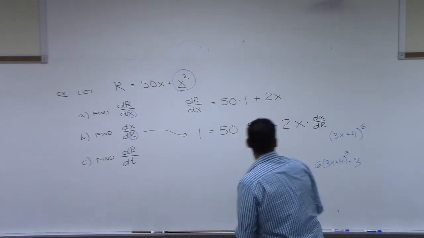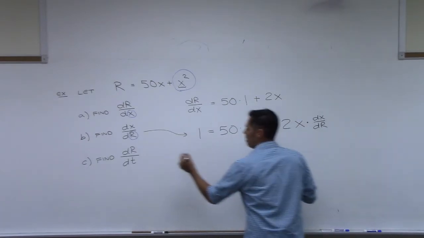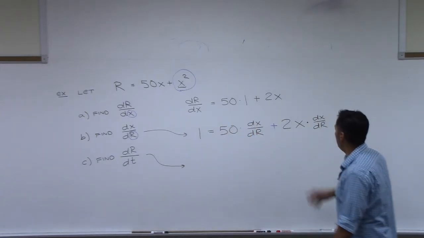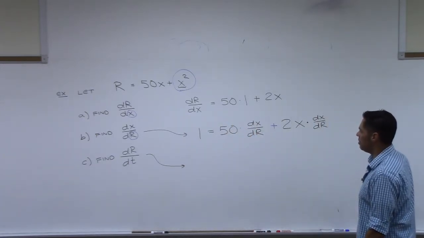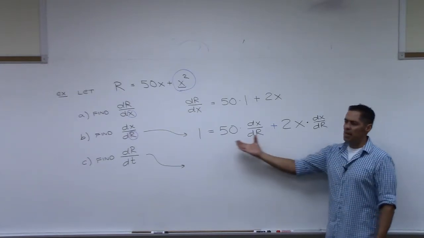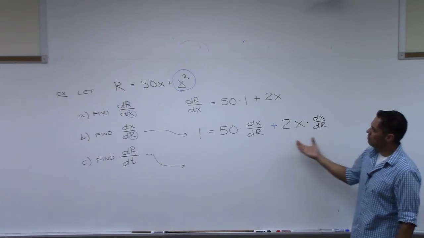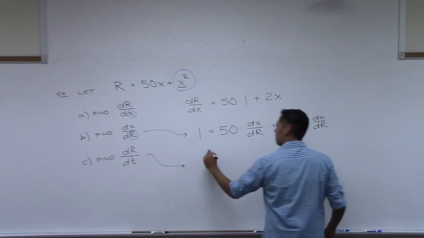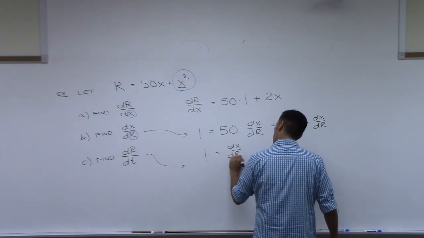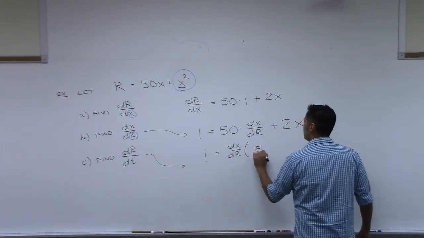All right, let's try this last one. Oh, sorry, you're supposed to solve for dx/dr. So you have to factor, sorry. Both of these have dx/dr, right? So you can factor it out. When you factor it out, you get 50 plus 2x.